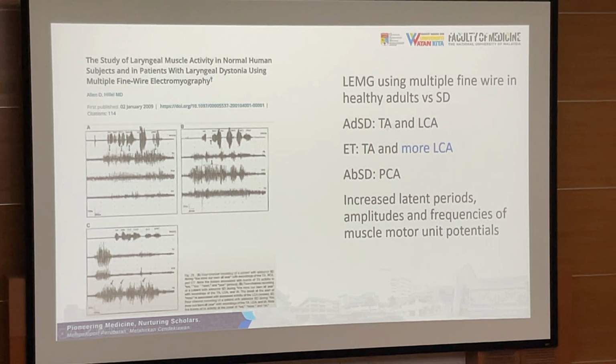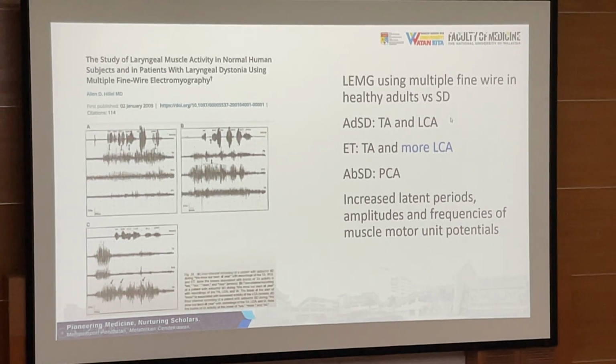But you see here, in patients with essential tremor, more lateral cricoarytenoid muscle activation or bursts are seen in laryngeal EMG. That is why patients with essential tremor sometimes don't get a good response with thyroarytenoid injection. So you may want to target different muscles.